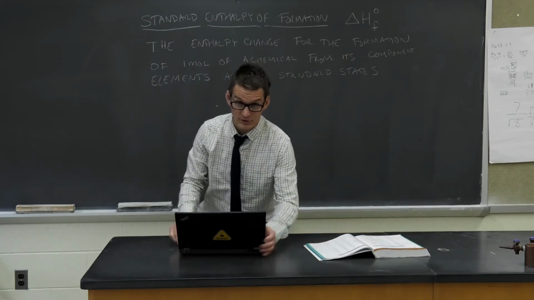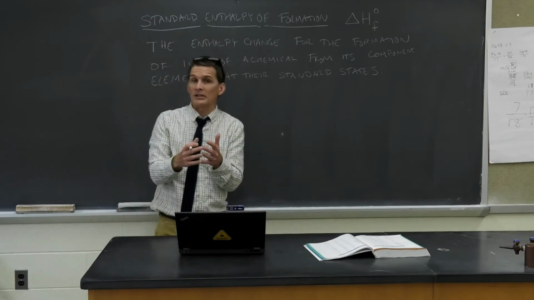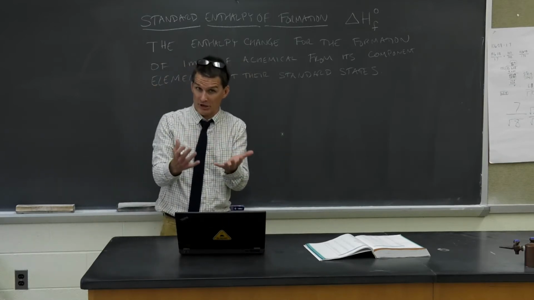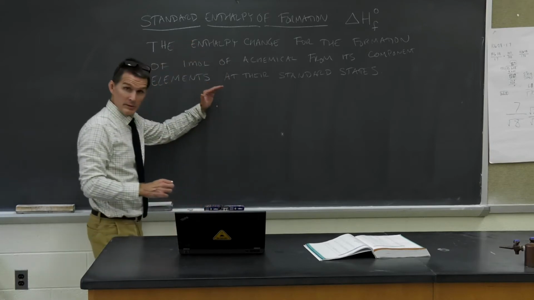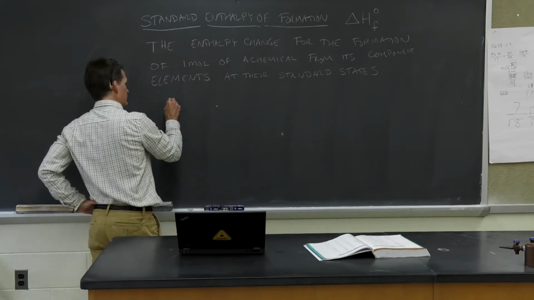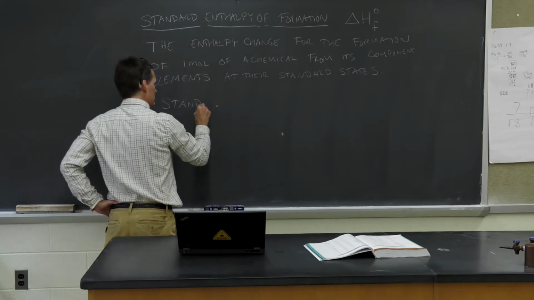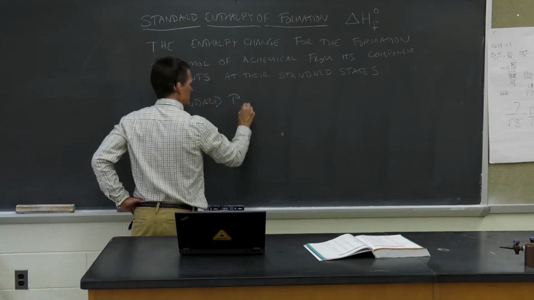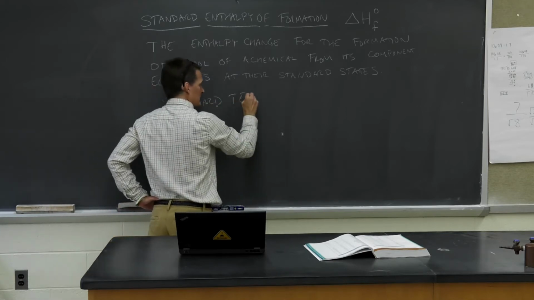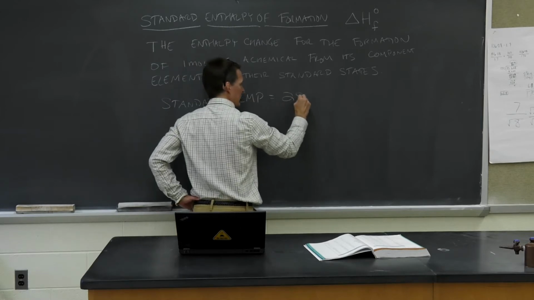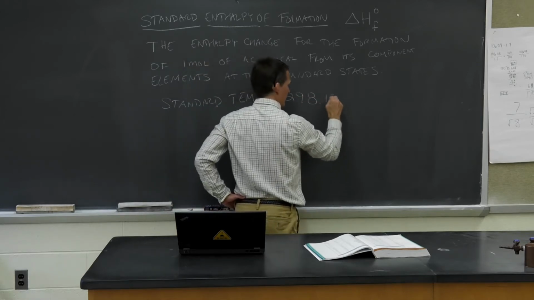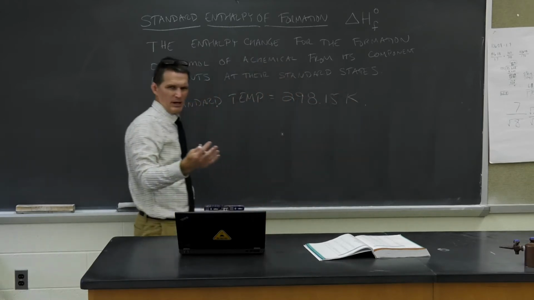So the first thing I want to do is say what the standard temperature and the standard pressure are. So this is all going to be measured at standard temperature, which is 298.15 Kelvin. That's about room temperature.